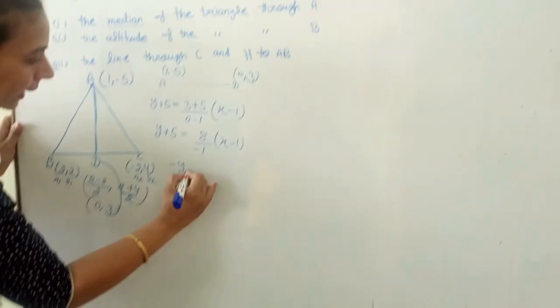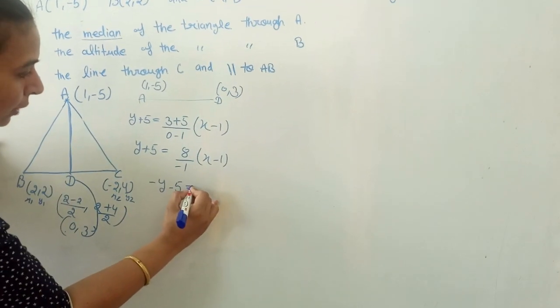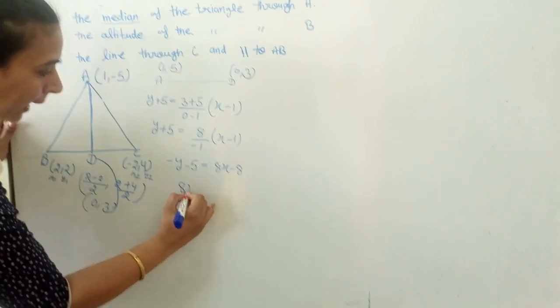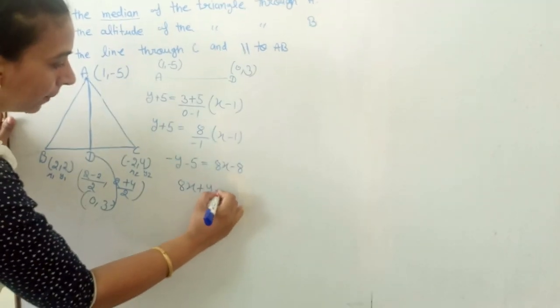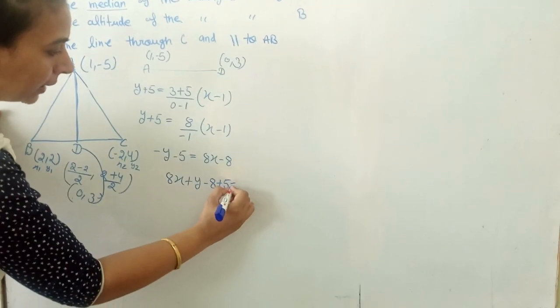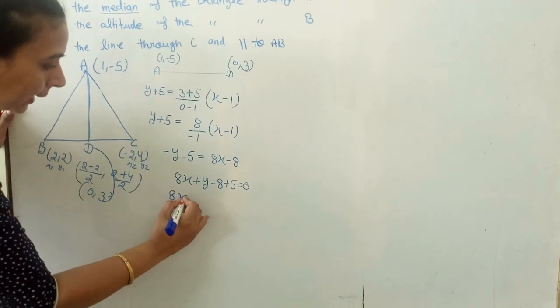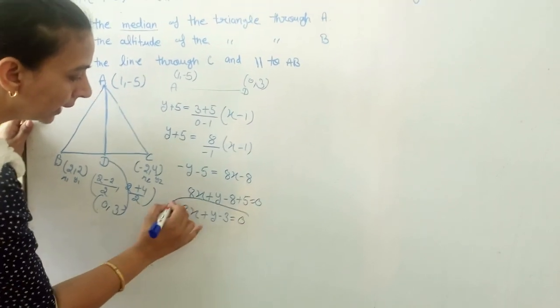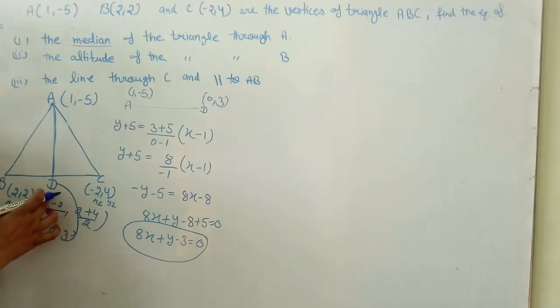Then minus y minus 5 equals 8x minus 8. Then 8x plus y minus 8 plus 5 equals 0. So 8x plus y minus 3 equals 0. This is the equation of median AD.